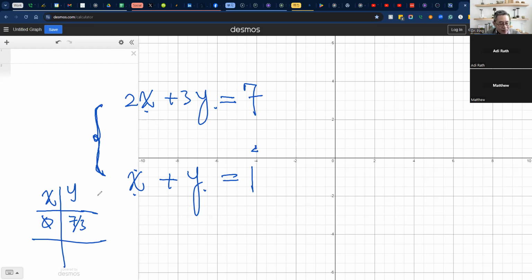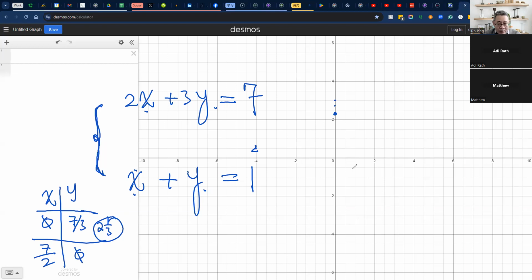So I find the y-intercept. The x-intercept is where y equals 0. If y is 0, then x is 7/2. So where is that? 0, 7/3, which is 2 1/3, and 1/3 is somewhere here.